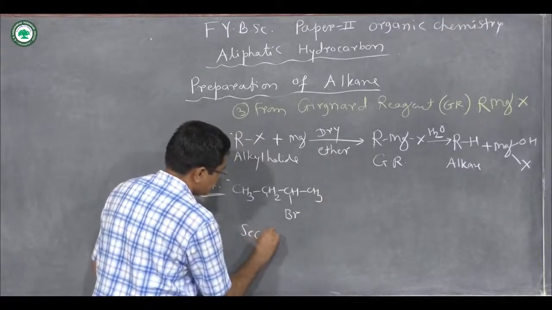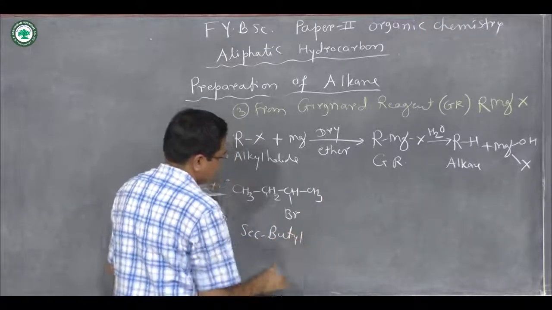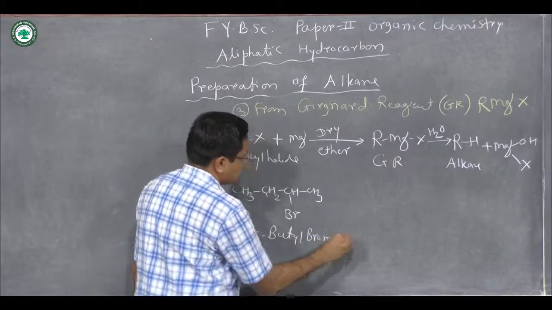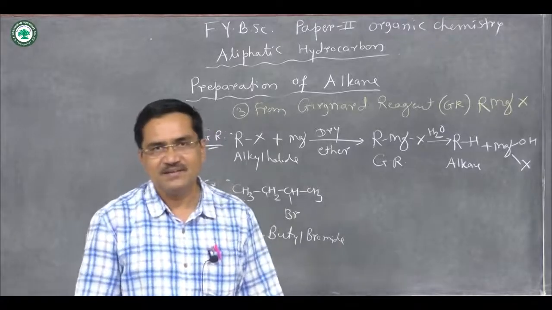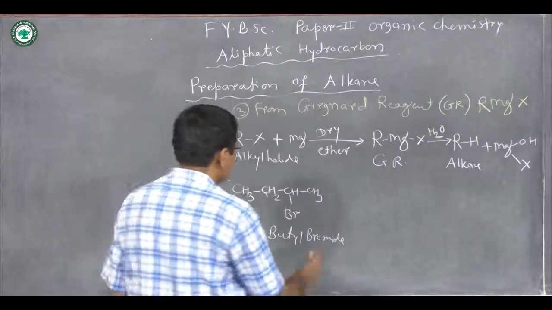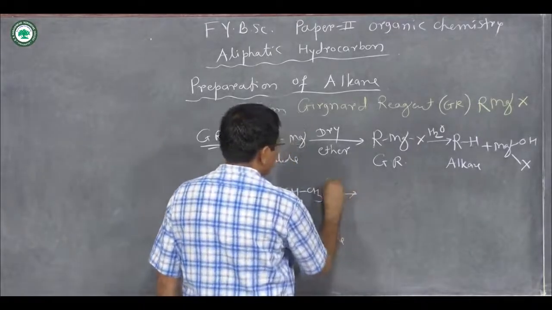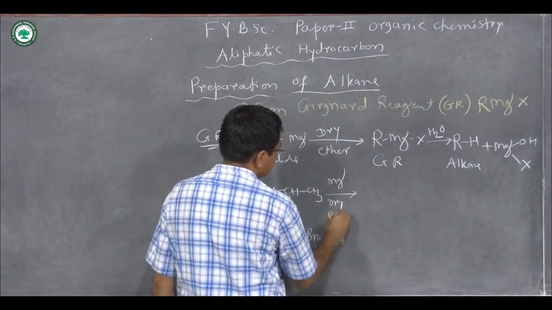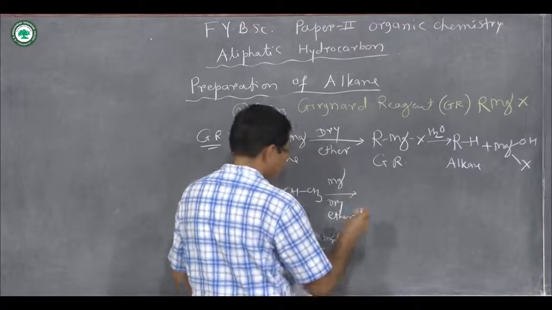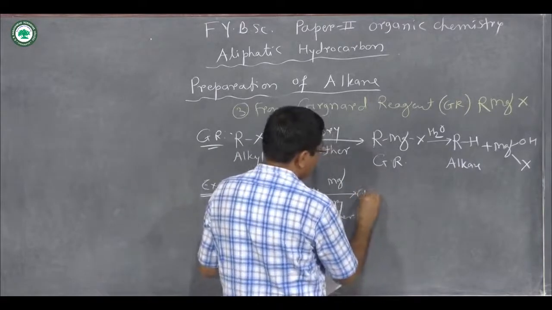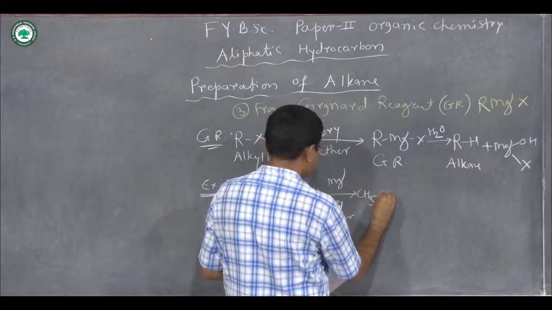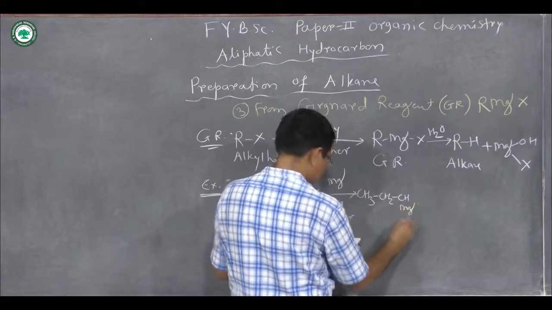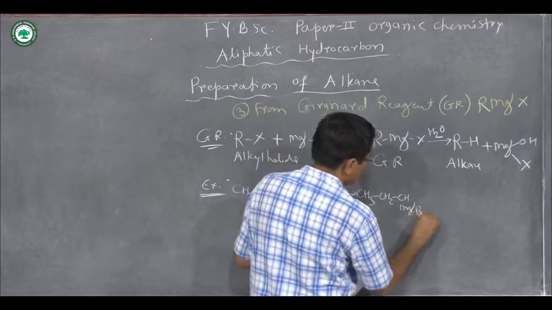Secondary butyl bromide. When this secondary butyl bromide is treated with magnesium in dry ether, Grignard reagent is prepared. Here Mg and Br.